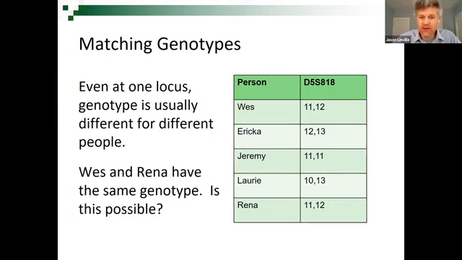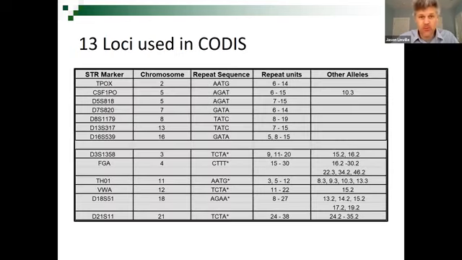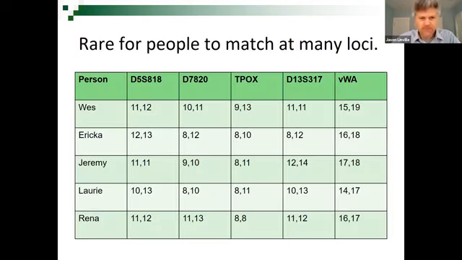So we can calculate the frequency, how many people would match you or evidence at one locus, and then we're going to calculate how many people would match you at 13 loci. And obviously this is a chart we saw here, it's just to remind us what those 13 loci are. Okay.